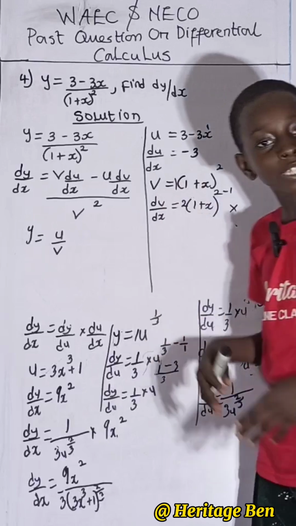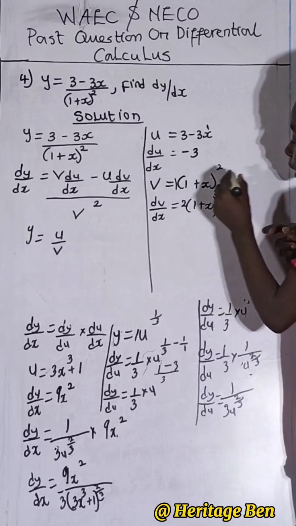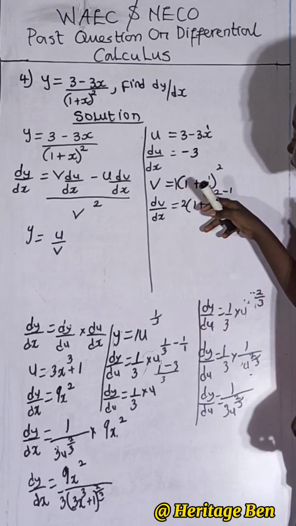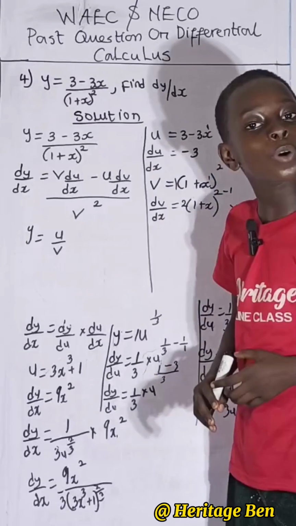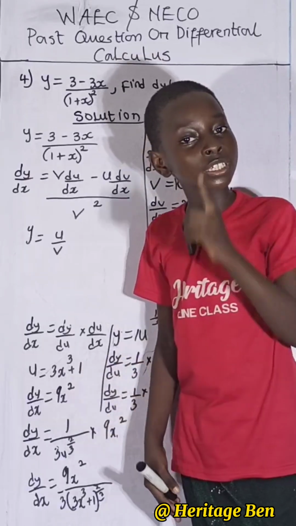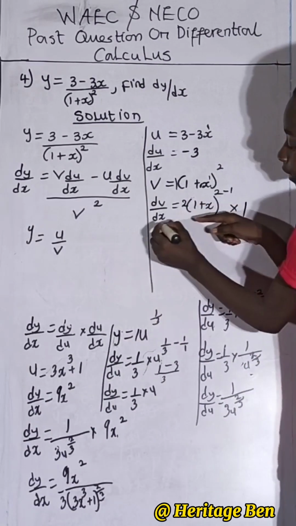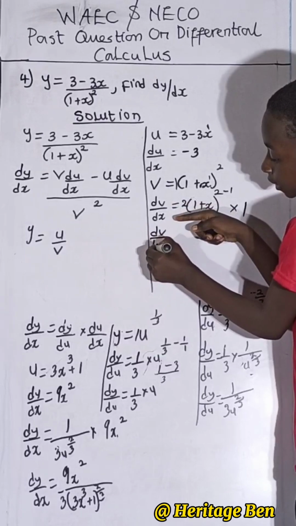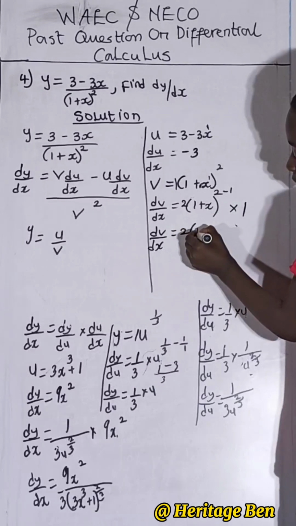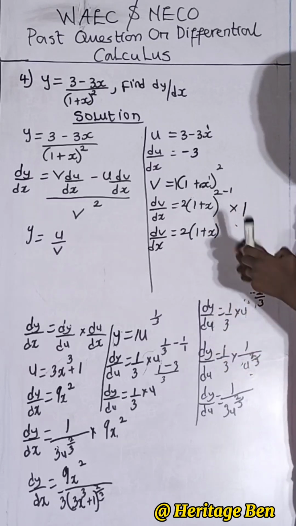If we differentiate a constant, it gives us 0. Now plus x. There's an invisible 1 here and an invisible 1 here. So 1 times 1, 1. 1 times x raised to the power 1 minus 1. x raised to the power 1 minus 1 is x raised to the power 0. x raised to the power 0 is 1. So 1 times 1, 1. So dv/dx is equal to 2 times 1, 2, (1 plus x) raised to 2 minus 1, which is 1.